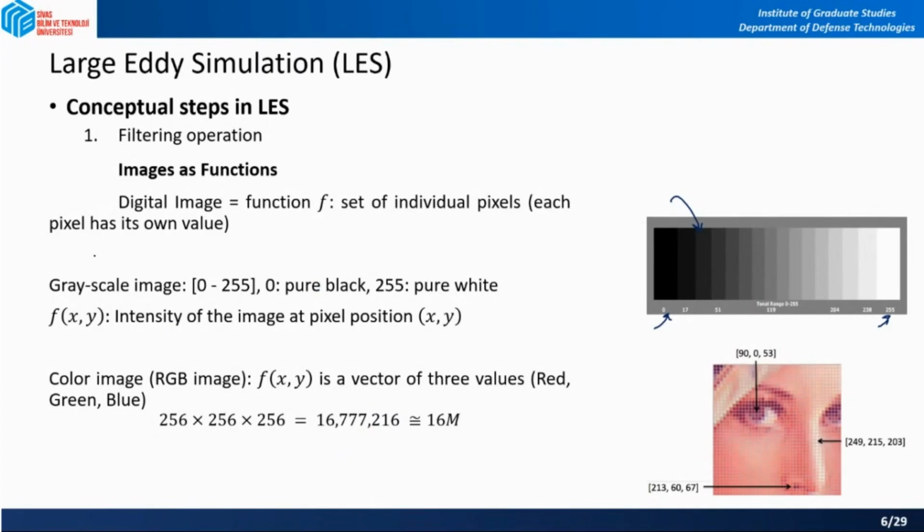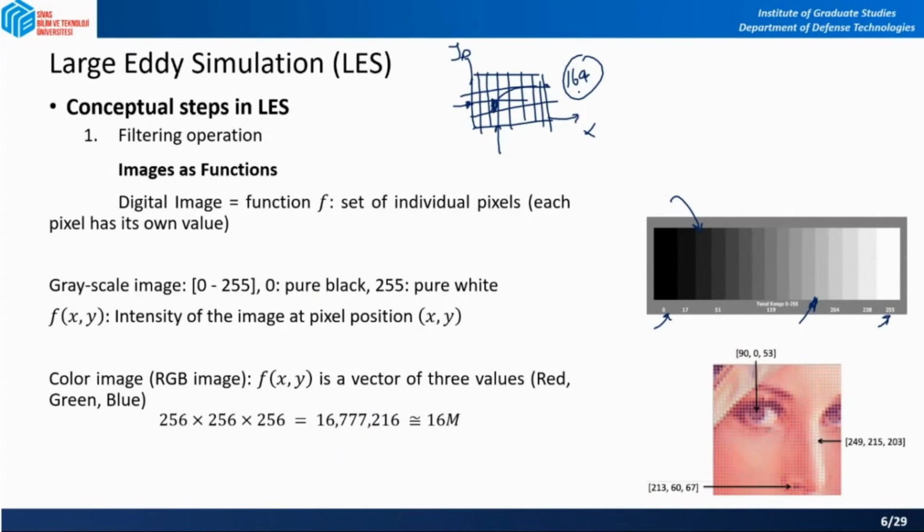So I can write f of x and y, that gives me the intensity of the image at pixel position x and y. So I have a two-dimensional image. This is the x-axis, this is the y-axis, and these are certain pixels. So f of this x and this y could be, for example, 164. It means that it's somewhere in here. It is a gray color with code 164.